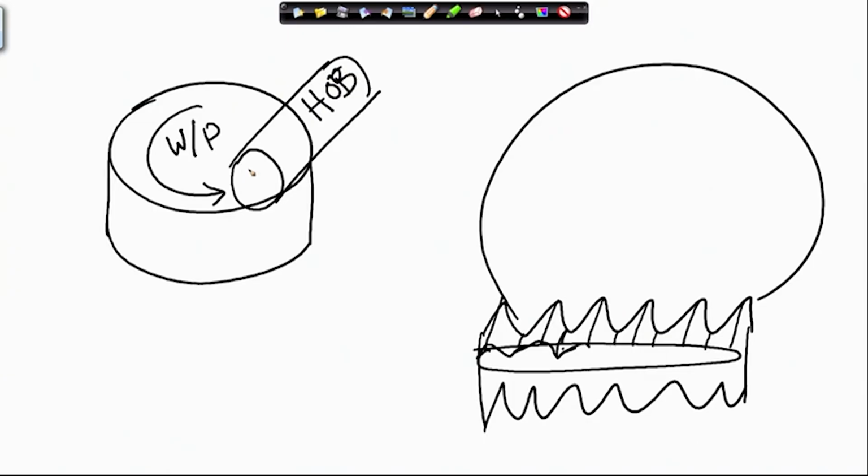So, that also needs to be rotated. So, let us see, we rotate this, and in order to cut from the top to the bottom, in order to cover this whole width, this needs to be moved downwards. So, these are the three main motions that we need to give in gear hobbing. What else?